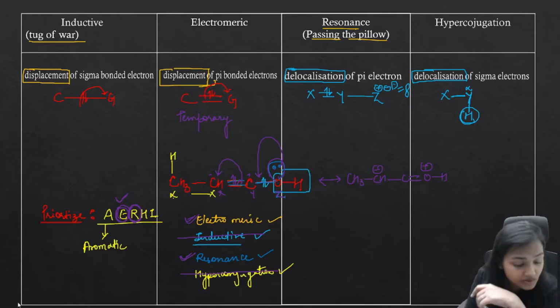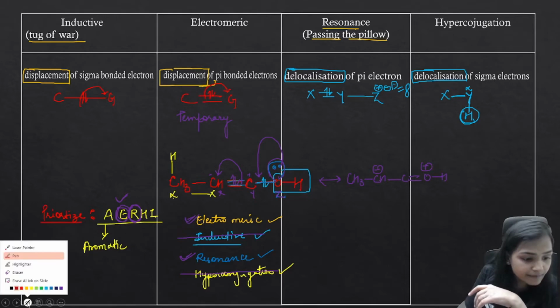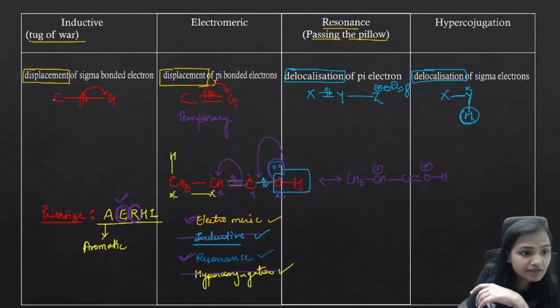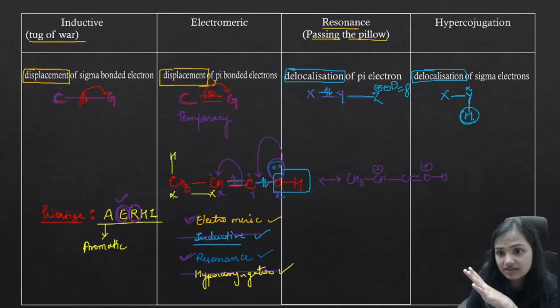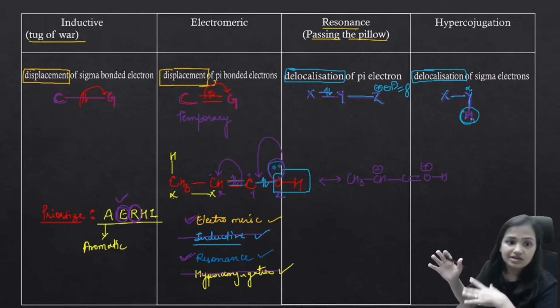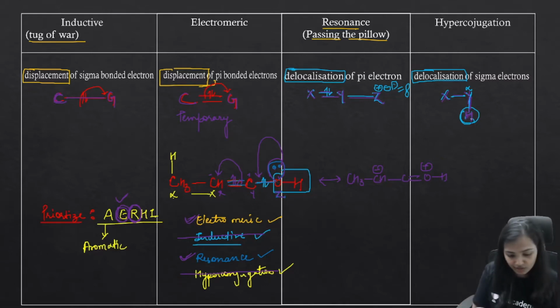Always remember, here this is a property between 2 atoms, only 2 atoms we have to focus on. Here also we focus on 2 atoms. Here we focus on 3 atoms, X, Y and Z. And here again we focus on X, Y and hydrogen, that is these 3 atoms. So this is it. I hope you understood today's lecture.